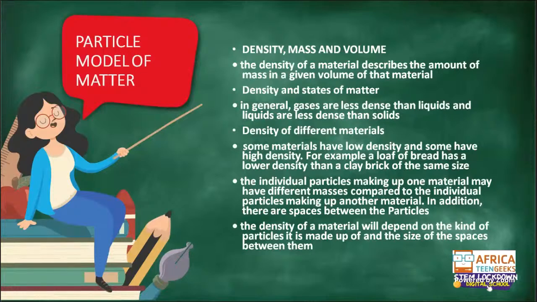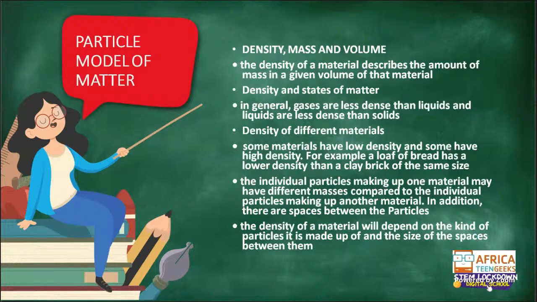For example, we can look at a loaf of bread, which has lower density than a clay brick of the same size. A brick of the same size as the loaf will have higher density, and the loaf will have lower density, because the solid is more compact as compared to the loaf. Now let's continue. The individual particles making up one material may have different masses compared to the individual particles making up another material.